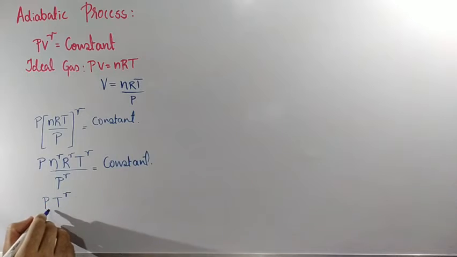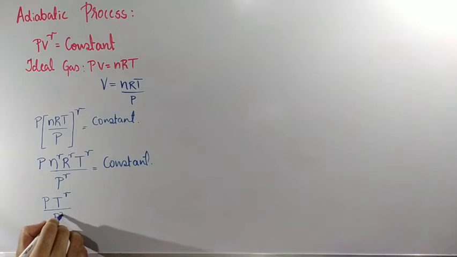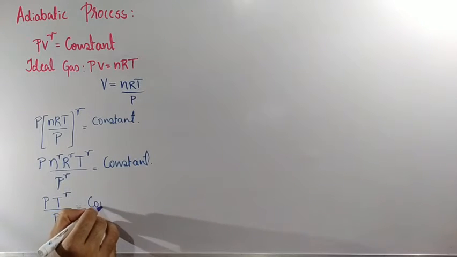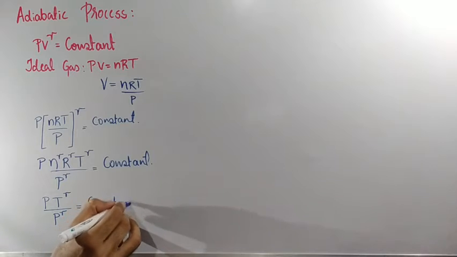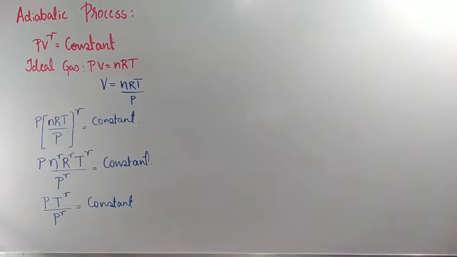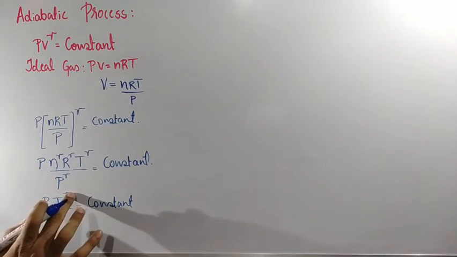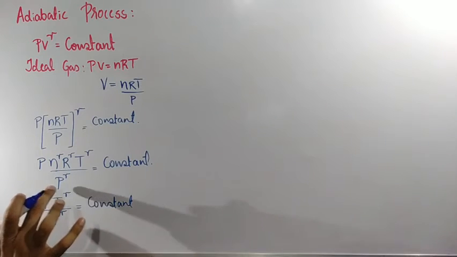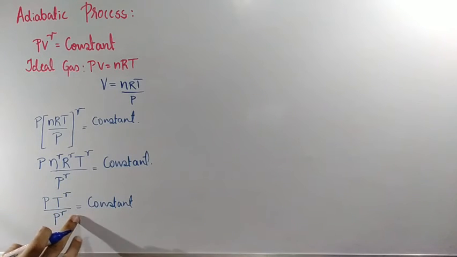T power gamma by P power gamma is equal to constant. Or how can I write this? T power gamma P power 1 minus gamma, because the denominator has P power gamma, and if I take it to the numerator it becomes P power minus gamma.